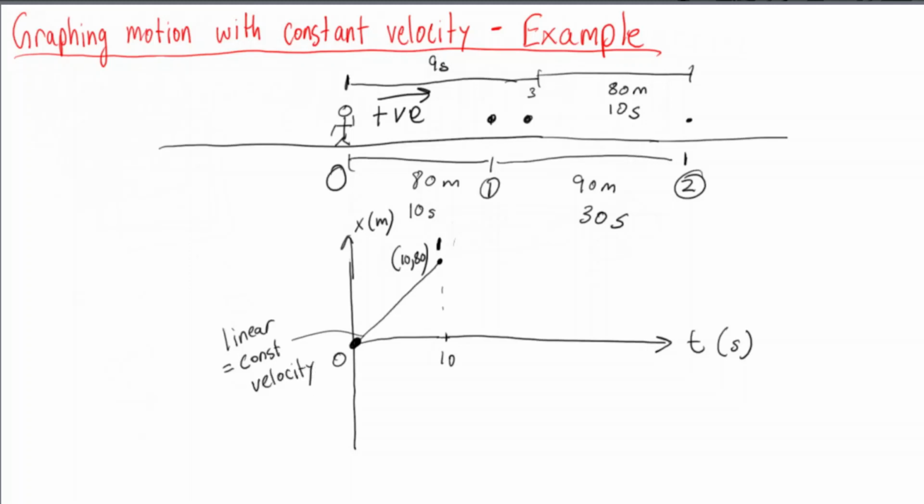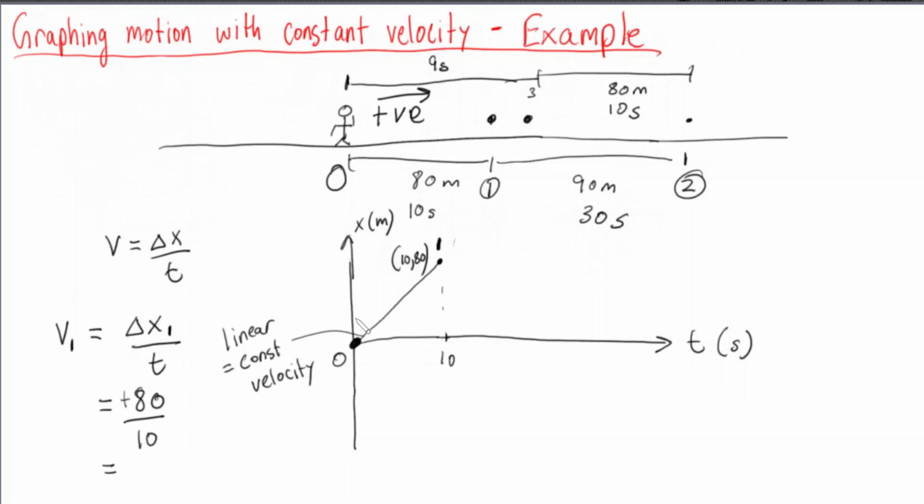We also know that the change in displacement over time is what velocity is equal to, so we can say v is equal to change in x over time. For the first section, which we'll call section 1, the velocity will be equal to the change in displacement over time, which is 80. This number will be positive because obviously we're moving towards the right, which we've defined as positive, divided by 10 seconds.